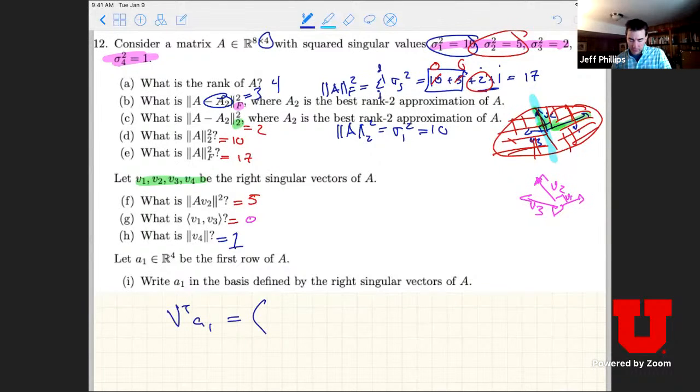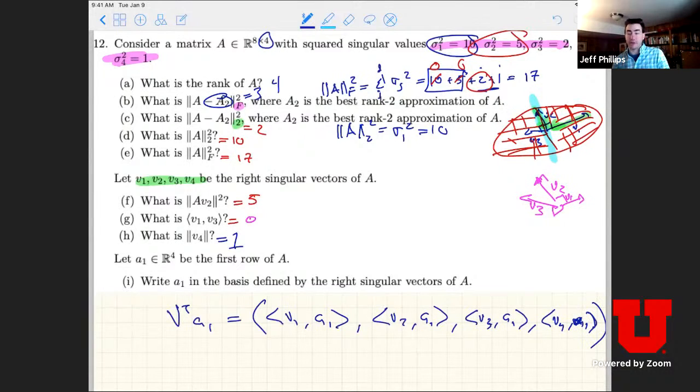The first term is the dot product of V1 with A1, the second term is the dot product of V2 with A1, the third term is the dot product of V3 with A1, and the fourth term is the dot product of V4 with A1. Okay, and that gives me a 4-dimensional vector.